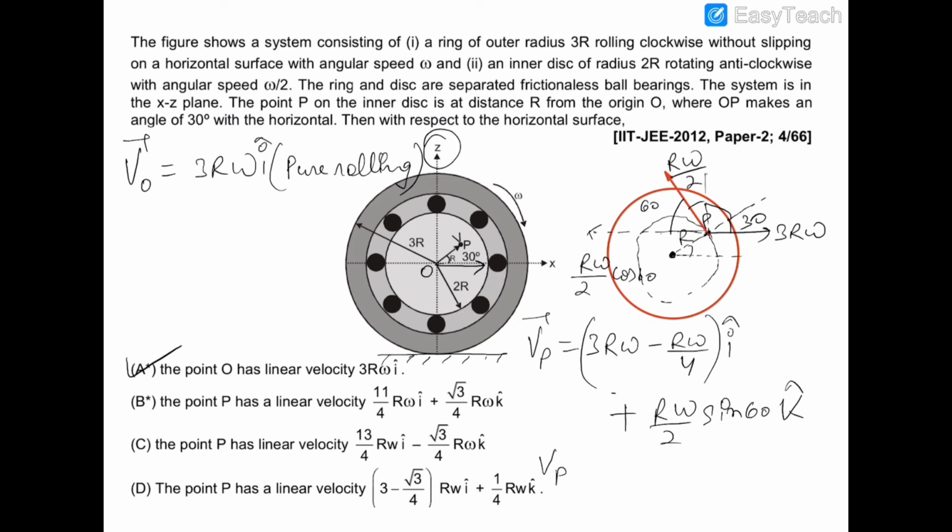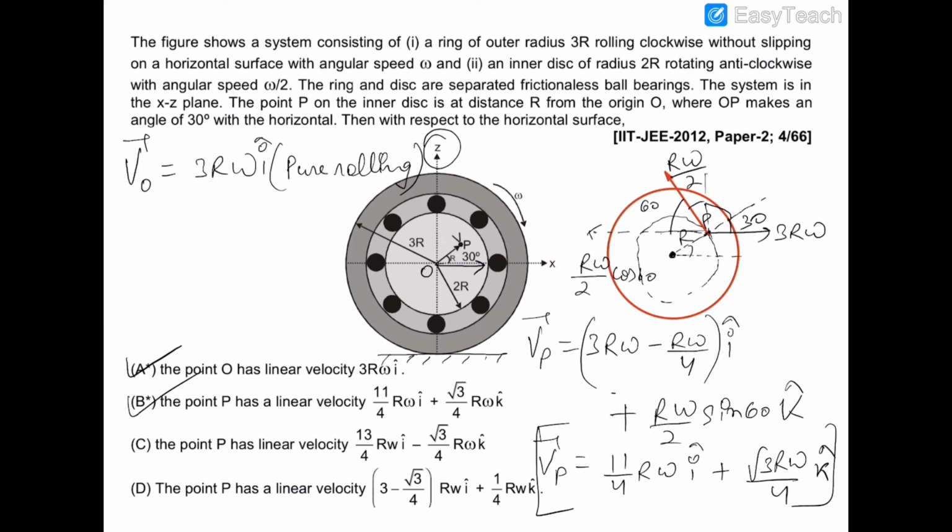So Vp would be equal to 11 by 4 r omega I cap plus root 3 r omega by 4 k cap. So the correct option would be option number B also.